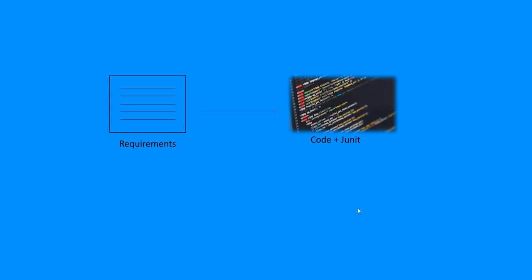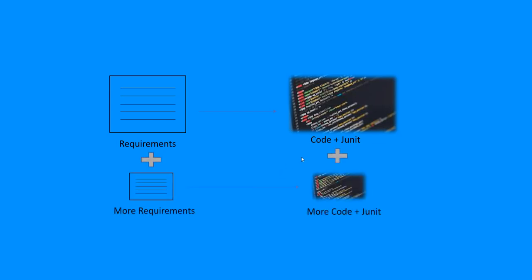The purpose of the JUnit is to test the code that we have written, and we should write this code in such a generic way that tomorrow, if there are more requirements, we shouldn't be touching this already existing code, but we should be writing more code plus more JUnit, and together this more code with already existing code should work seamlessly so that we get these more requirements also addressed. So this is what OCP means.